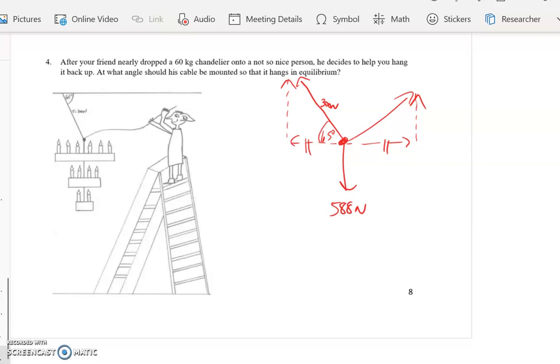So using my 300 and sine and cosine, I can find the x and y components of the left rope. So 300 sine 65 gives me the y component of 272. 300 cosine 65, 127. So that has to be the 127 on the other side.